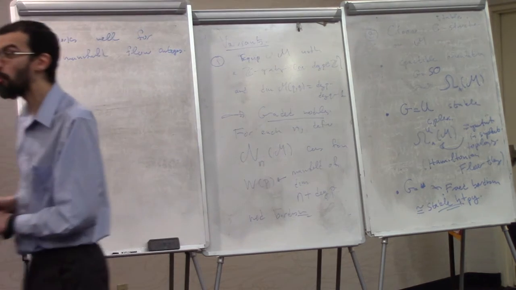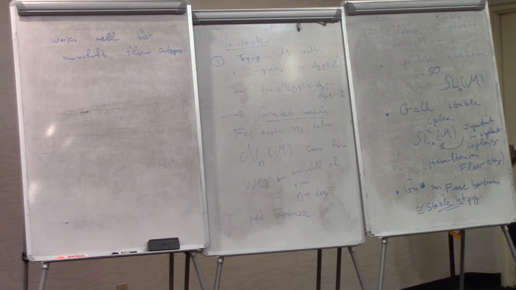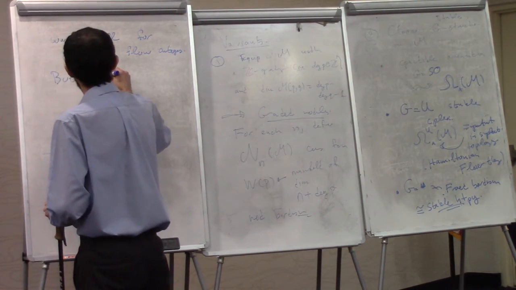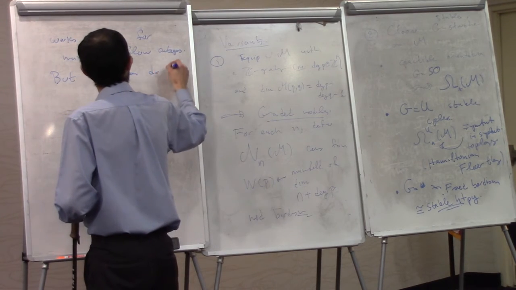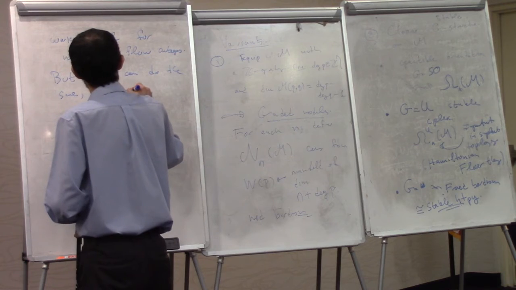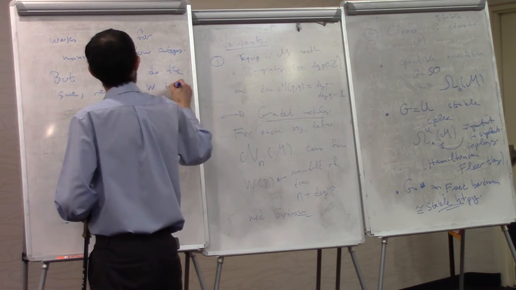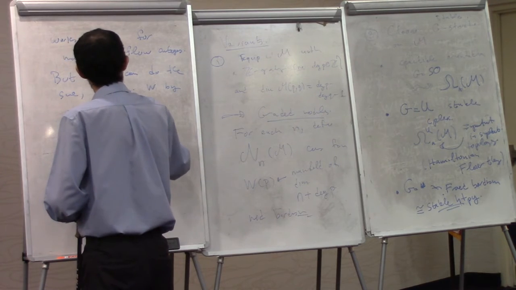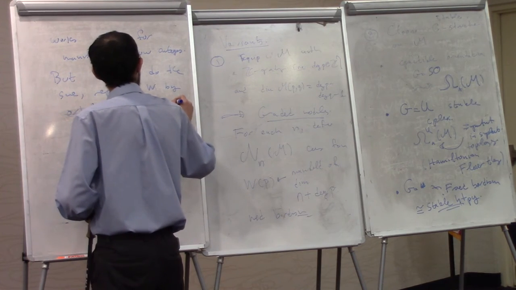But then you can do the same thing replacing W by an orbifold, or replacing W itself by a Kuranishi space. And now I'm going to state a conjecture.